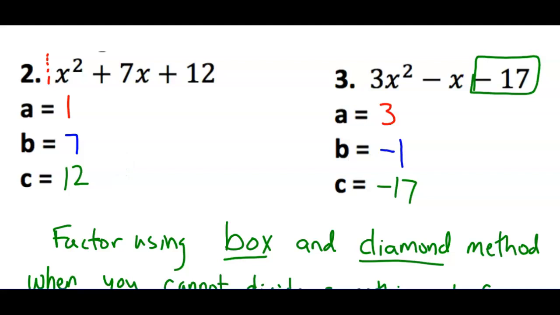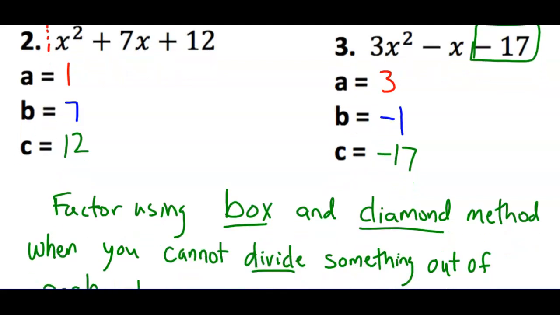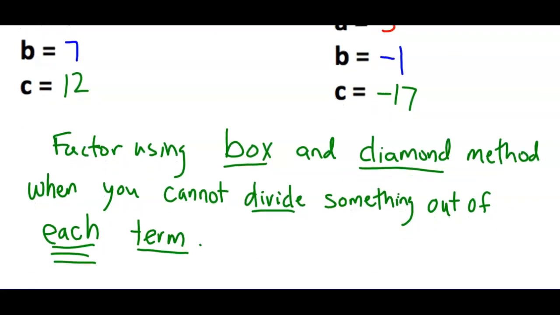If you don't get this part, and some of you insist on putting letters here, it is because you're not listening to instructions, okay? You should have got 3, -1, and -17 here. If you do not do this correctly, you're going to be very frustrated as we start learning how to factor using what's called the box and diamond method.